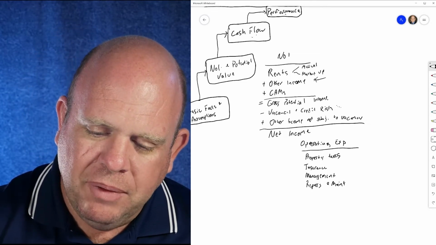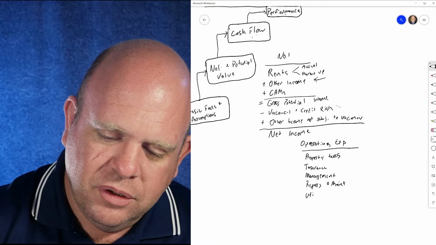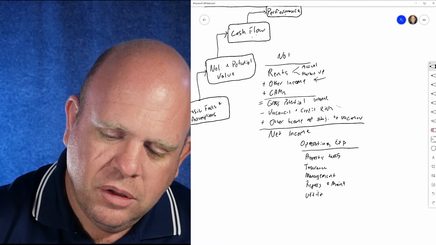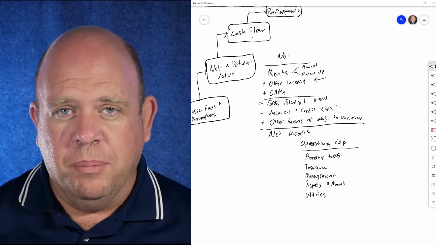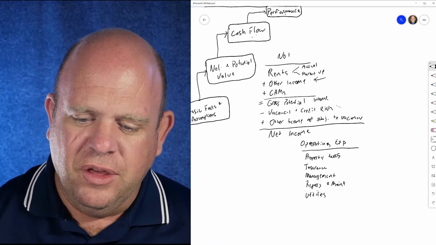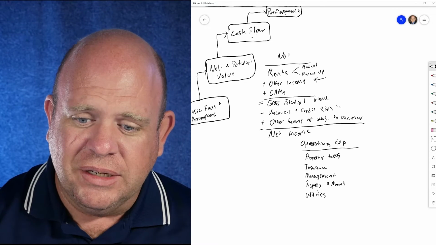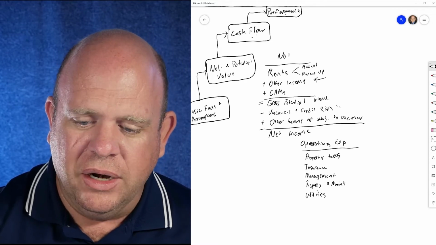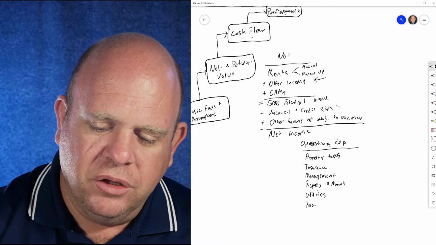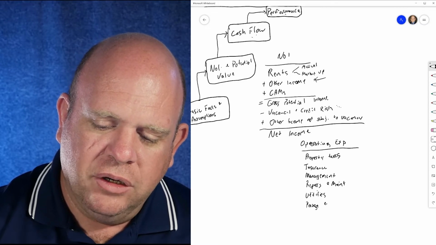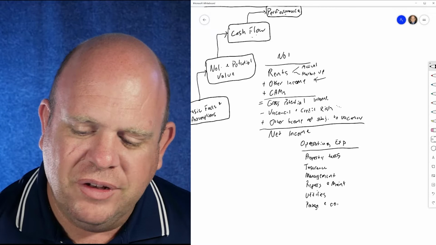Other than repairs and maintenance, you've got utilities. And so this is your water, power, gas, those types of things. Those are objective. They all need to be on a building. And then you've got things like portage and contract services. So there's different kinds of things.